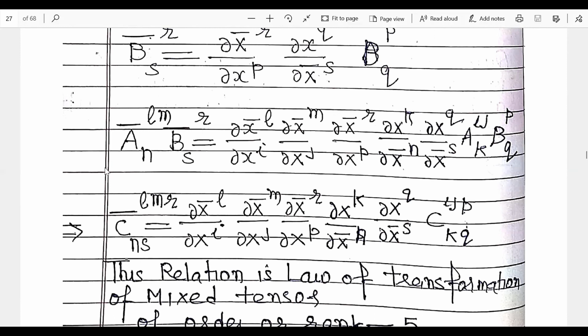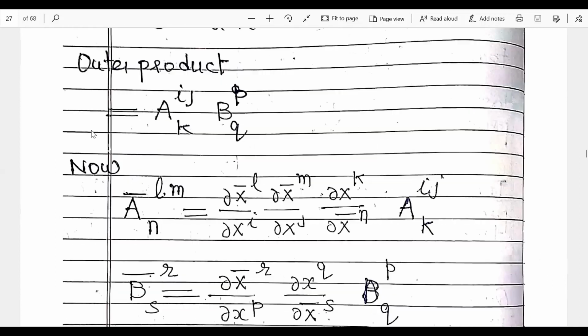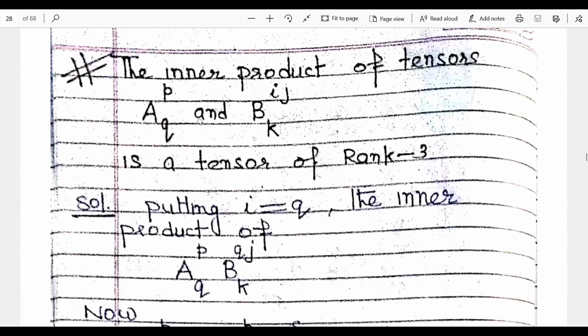This is the law of transformation. So this is C bar^{lmr}_{ns}, related to C^{ijp}_{kq}. This relation is the law of transformation of a mixed tensor and its order is 5: 1, 2, 3, 4, 5. So this is the outer product of these values.